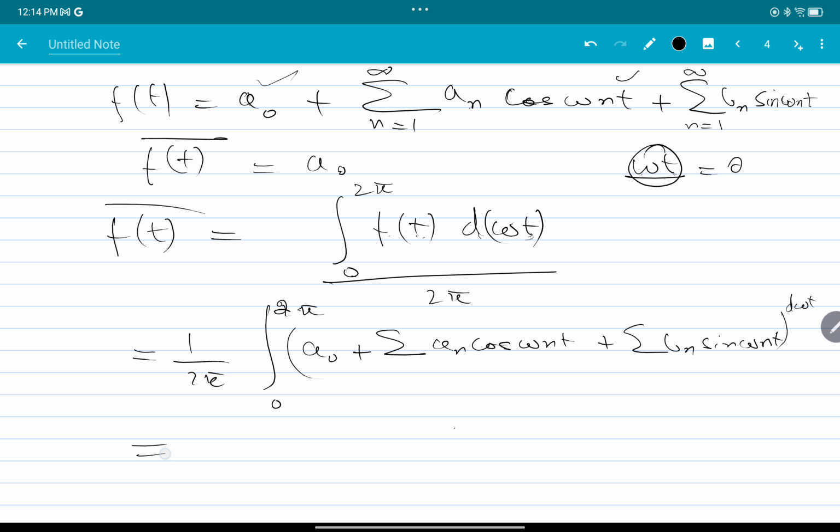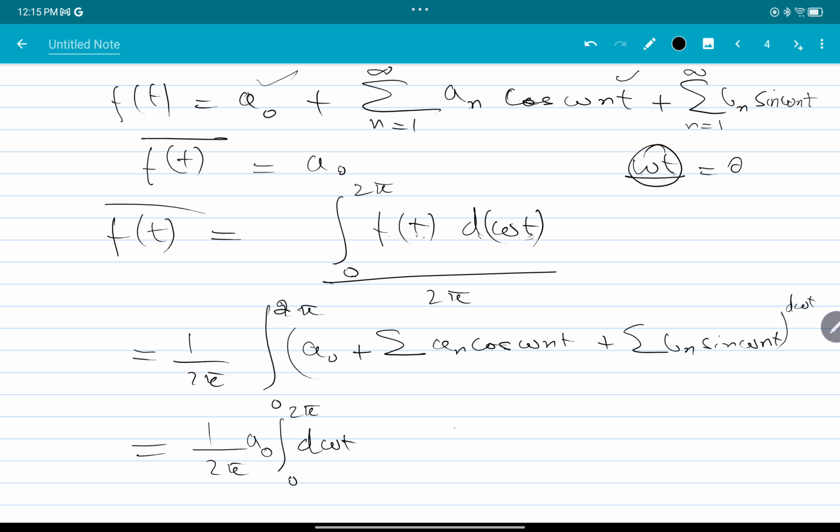Now let us go to this: 1 by 2 pi, integral 0 to 2 pi, a naught d omega t. A naught is constant, it will come out, and we have integral d omega t from 0 to 2 pi.